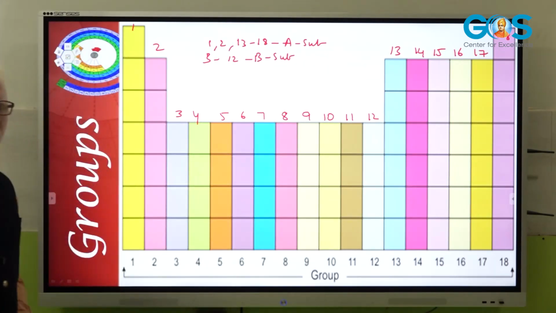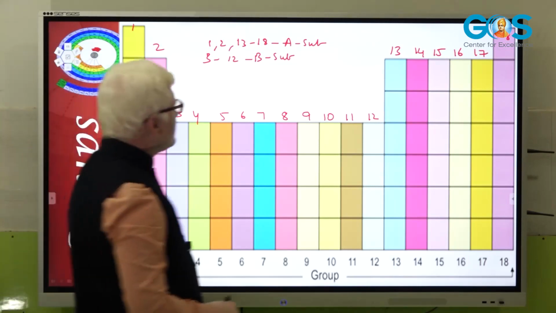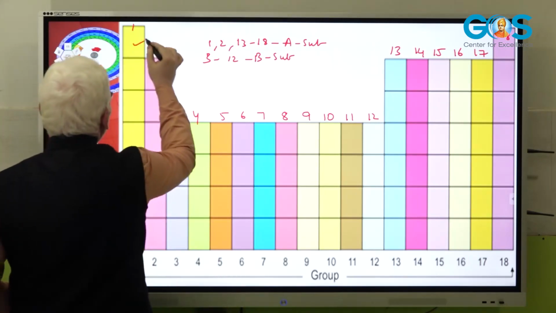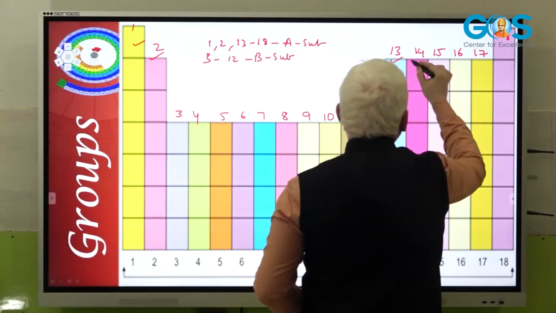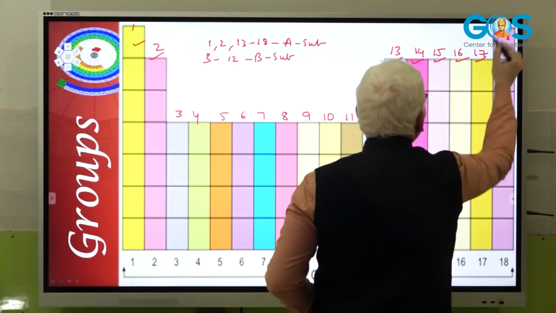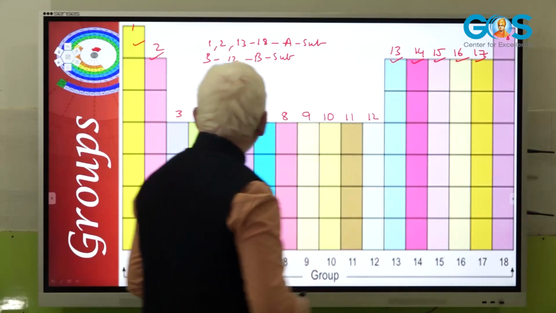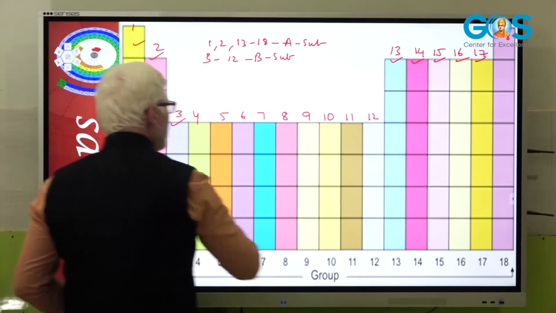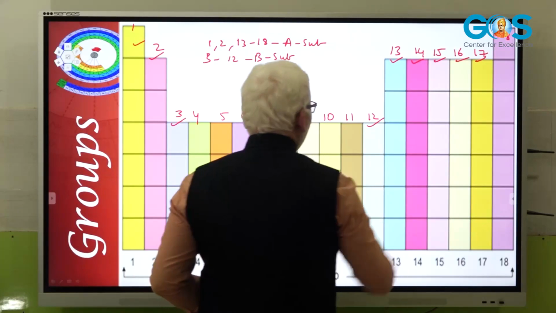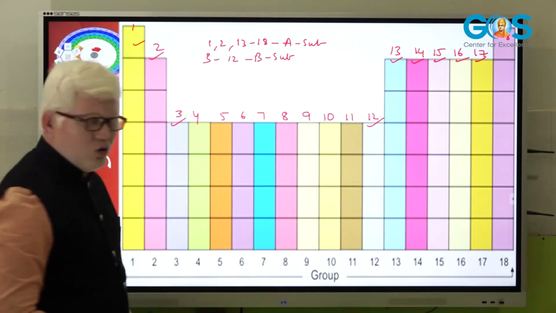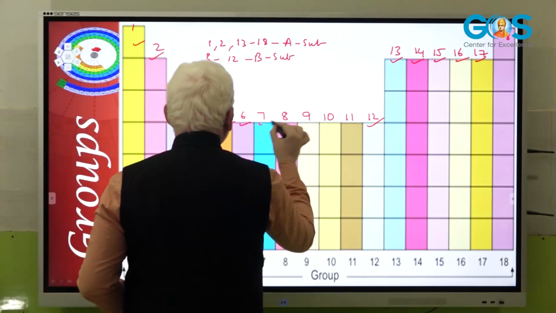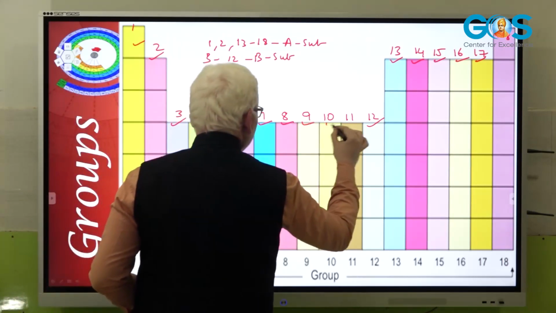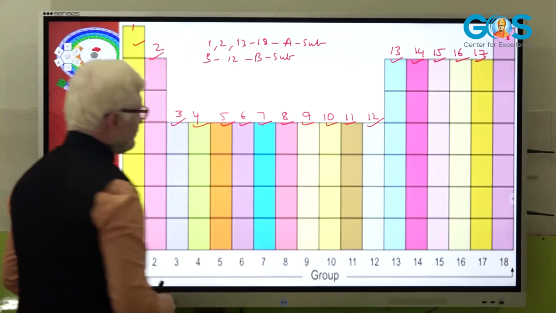It means the first group, the second group, and the 13th to 18th groups are A subgroups, and the third to 12th groups are B subgroups: third, fourth, fifth, sixth, 7, 8, 9, 10, 11, 12.